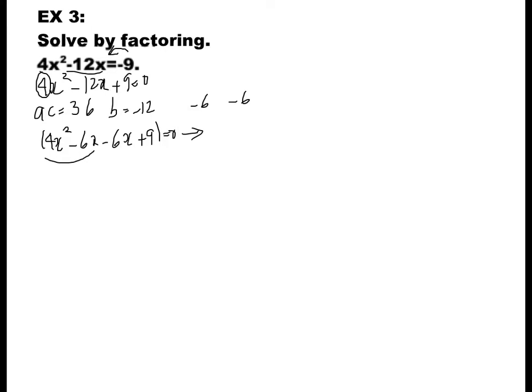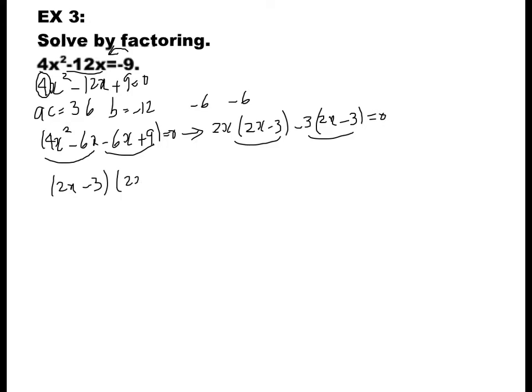I take the first two terms and the last two terms and then factor out the common element, which is going to be 2x. So I get 2x minus 3, and for the last one I take negative 3, so I get 2x minus 3 is equal to 0. 2x minus 3 is common, so I factor 2x minus 3 out, and I get 2x from the first, and then negative 3 from the last one.